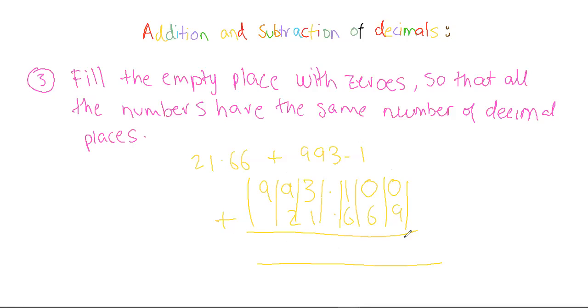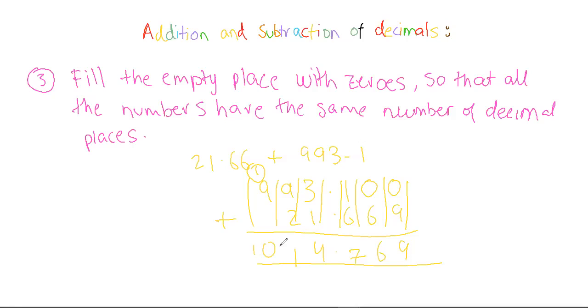So 0 plus 9 is 9, 0 plus 6 is 6, 1 plus 6 is 7. We add the decimal points, and then we have 3 plus 1 is 4, 9 plus 2 is 11. 1 gets carried over. Again, any number can get carried over above the numbers. So 1 plus 9 is 10.